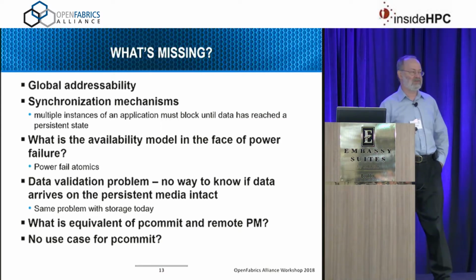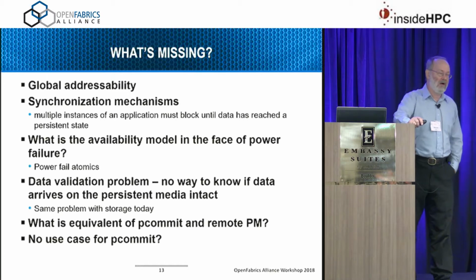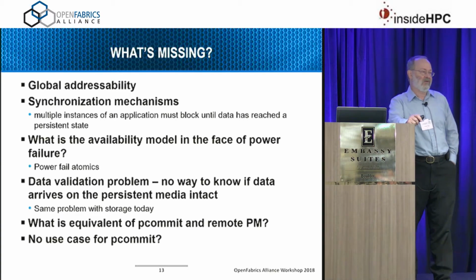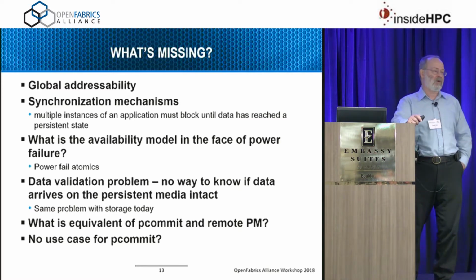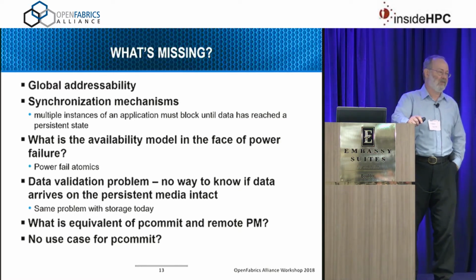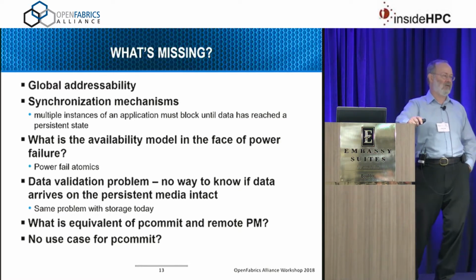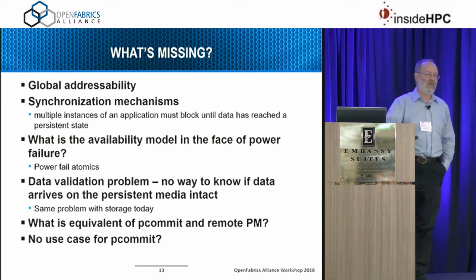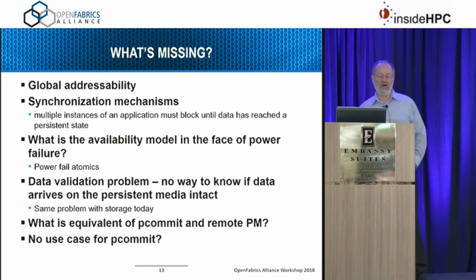We always get the question, can't I use transactional CPU features? And the issue is that those have to do with visibility across processes and consistency of the view of each process. They don't have to do with atomicity with respect to power loss. So that's why there are some new problems to be solved there.